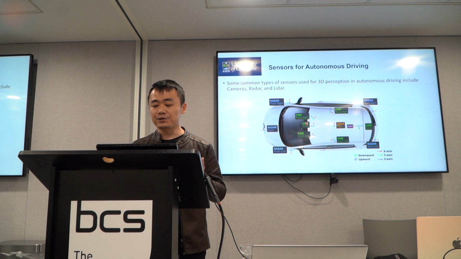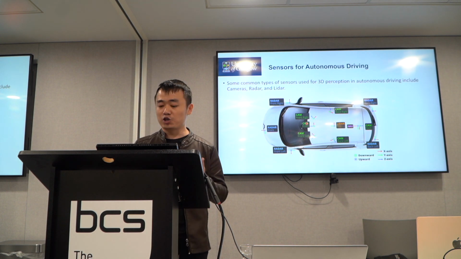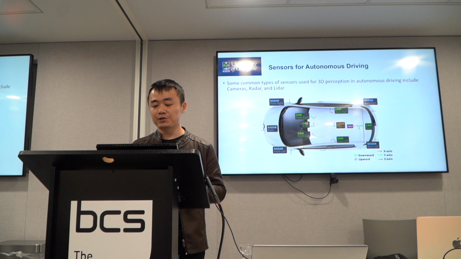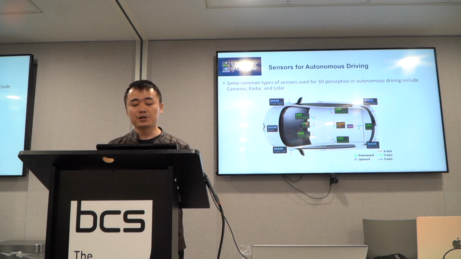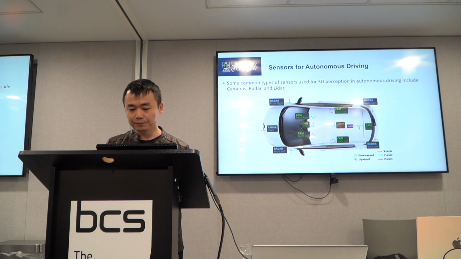Also the radar sensor, which uses radio waves to detect the distance, speed, and direction of the objects around the vehicle, and the LiDAR sensor, which uses laser beams to create a 3D map of the vehicle's surroundings, providing precise measurements of distance and object shapes.